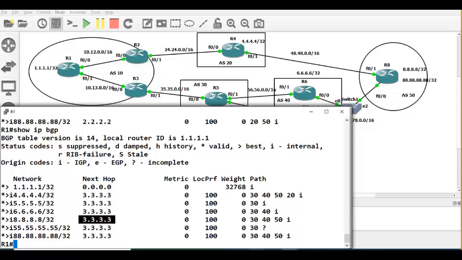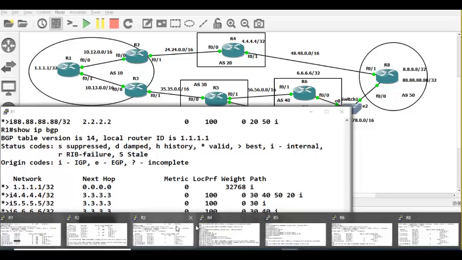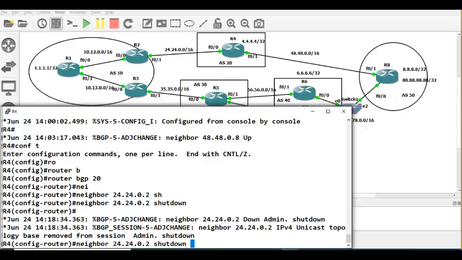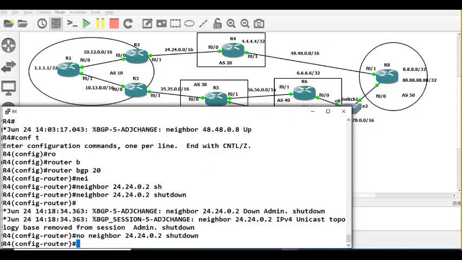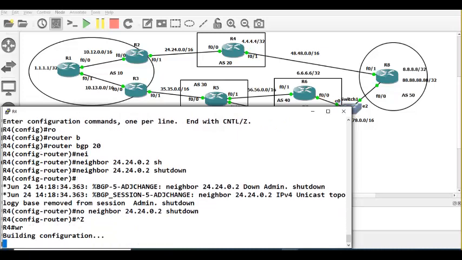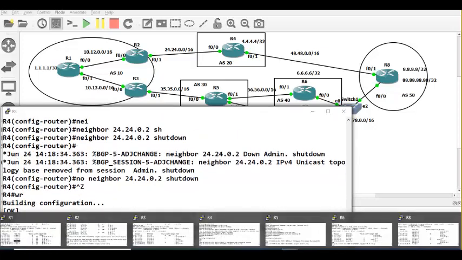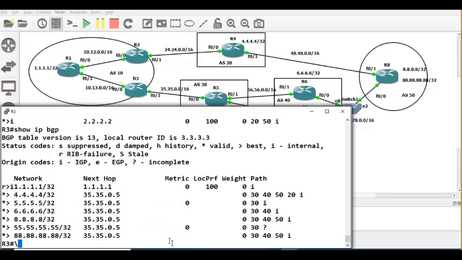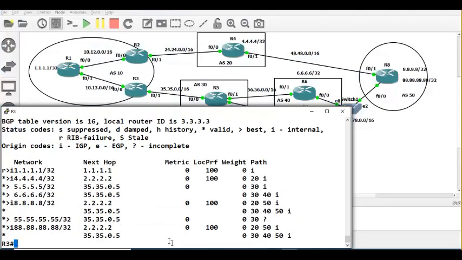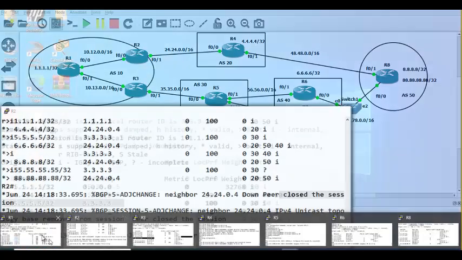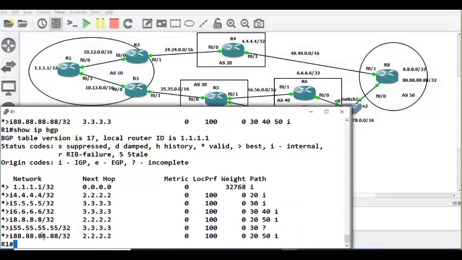Let us bring up the neighbor. I brought the neighbor up, and now again it has to go back to the defaults. Go to router 3, it should go via router 2 now. You see? Gone back to router 2. And router 1 should have 2222 again.